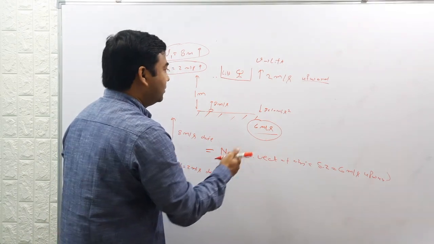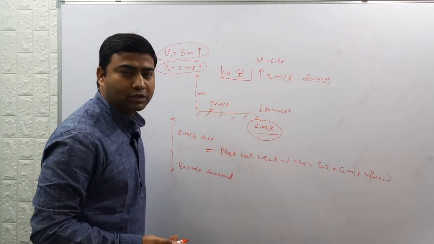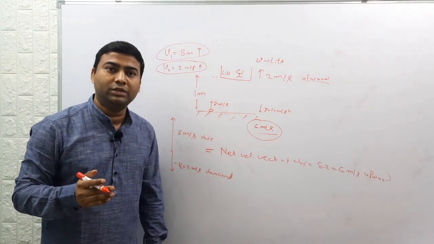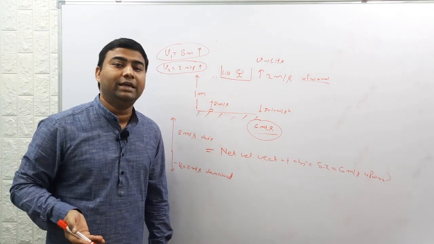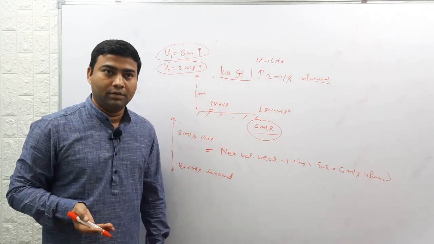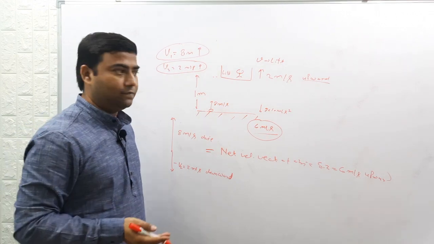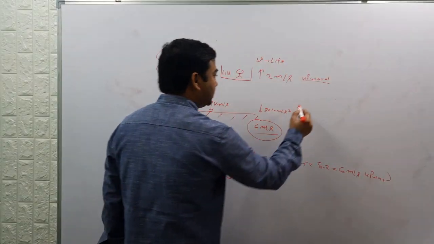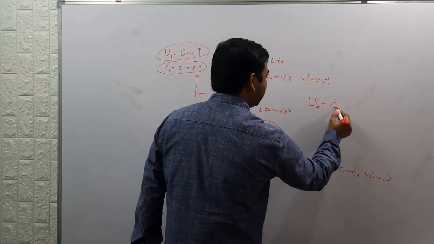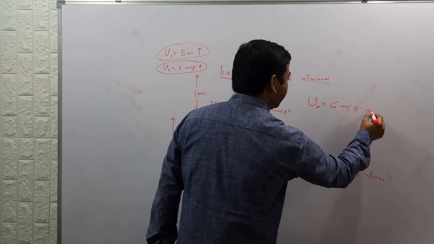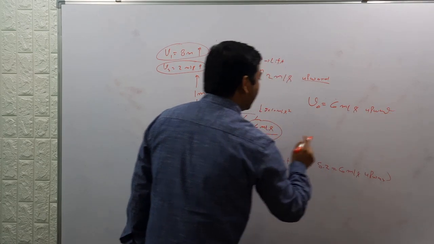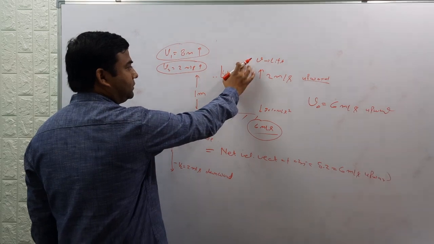So now I will apply Newton's law of motion, as I have said that Newton's law of motion can be applied from any inertial frame. All moving frames are inertial frames. So for Newton's law of motion, the initial velocity v0 is 6 meters per second upward. I am applying Newton's law of motion from this frame.